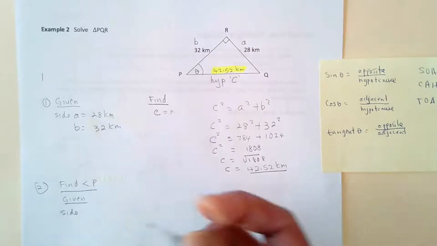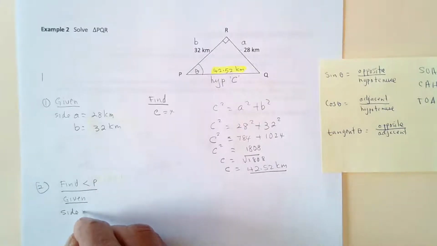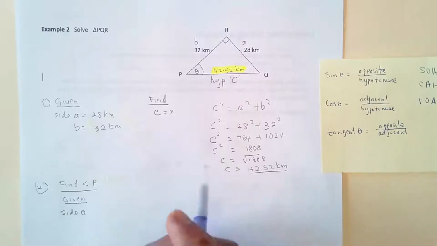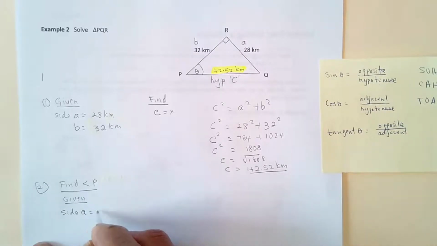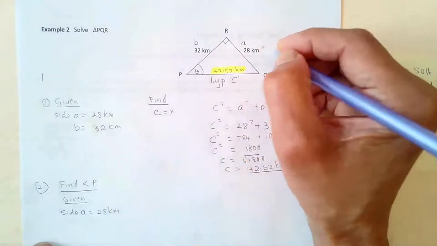side. Now, this is where labeling the sides comes in. Side A, which is 28 kilometers. Now, side A, I will label it as the opposite side.